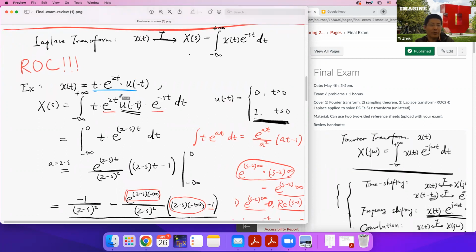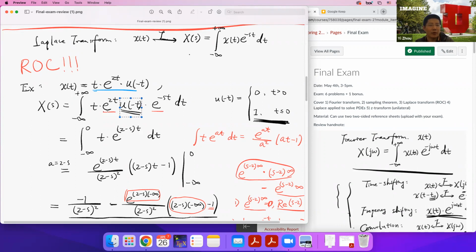Because of this u(-t), which is defined as 0 when t is positive and 1 when t is less than or equal to 0, this will restrict the integration to be from negative infinity up to 0. So we can absorb the u(-t) into the limits of this integration.